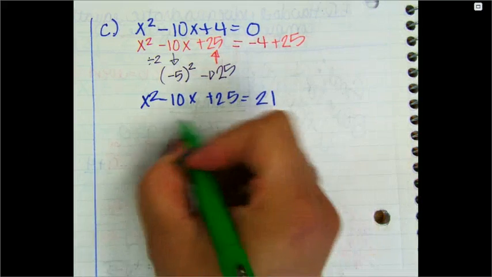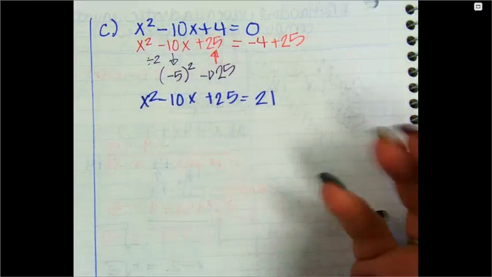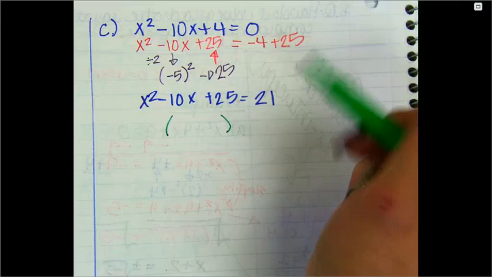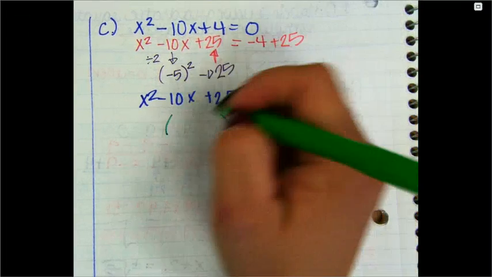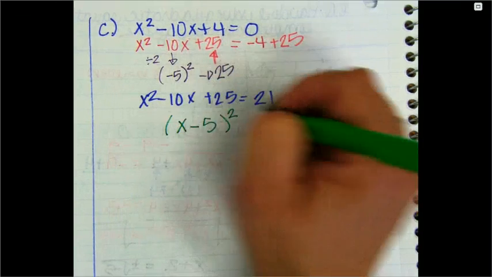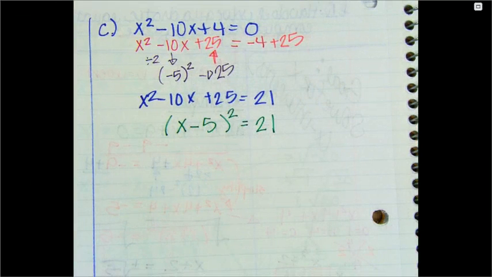Okay. Now over here I have to factor. So some of you factored, and others of us remember in our brains that we're taking it and looking at the dimensions. And what are our dimensions of each side? What is it? X minus 5 what? Squared equals 21. Then what?